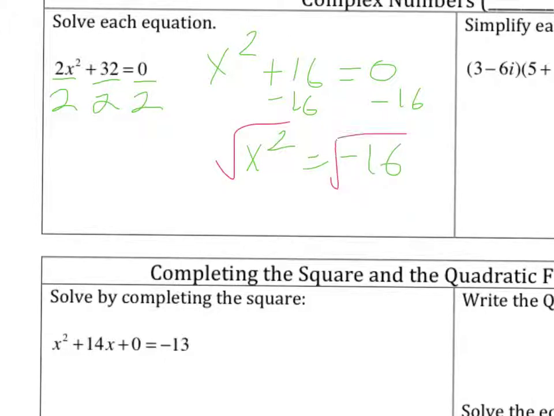Square root both sides. I get x equals plus or minus the square root of negative 16. We know that square root of negative numbers are going to involve an i, so we could write that as plus or minus i times the square root of 16. I could also write that as plus or minus i times 4.